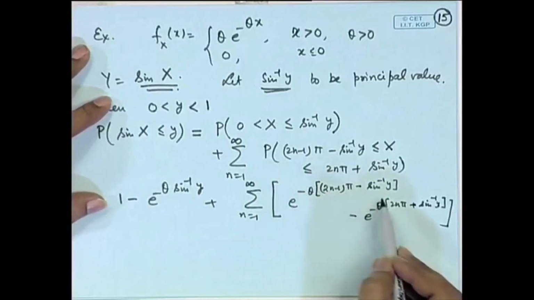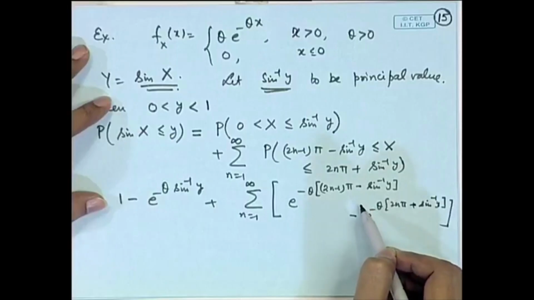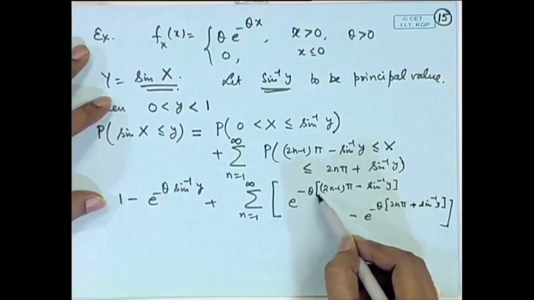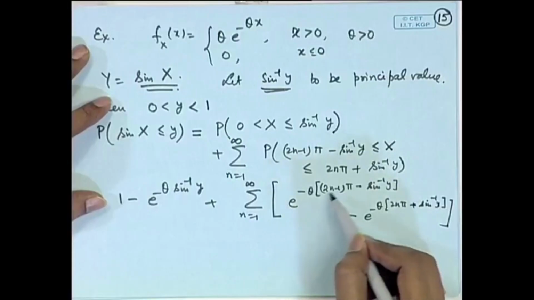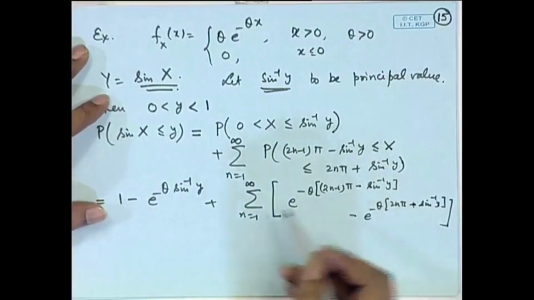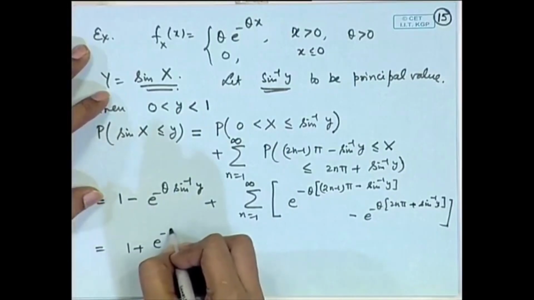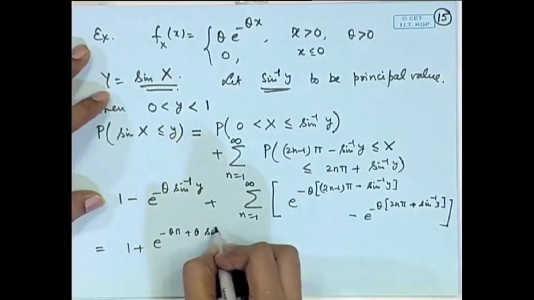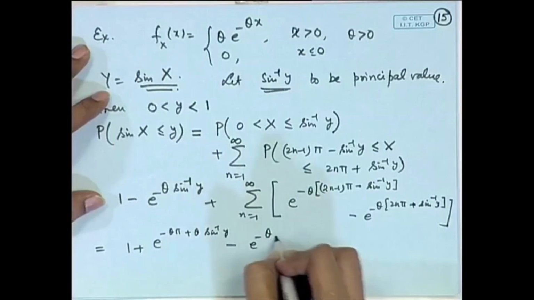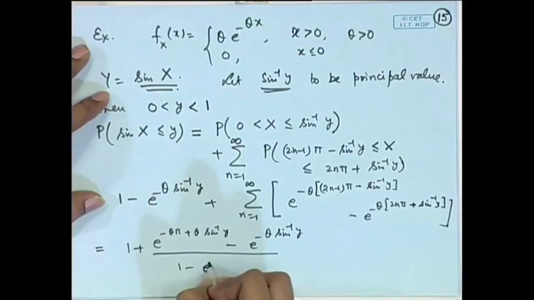If we look at this series here, e to the power sin inverse y terms can be separated out, and the remaining terms become geometric sums, and the infinite geometric series can be added. So, this is simplified to 1 plus e to the power minus theta pi plus theta sin inverse y minus e to the power minus theta sin inverse y divided by 1 minus e to the power minus 2 pi theta.